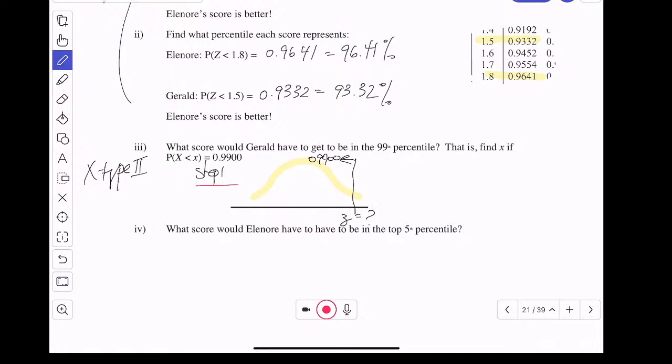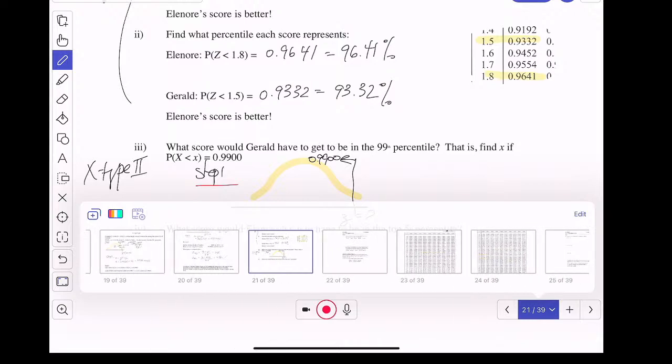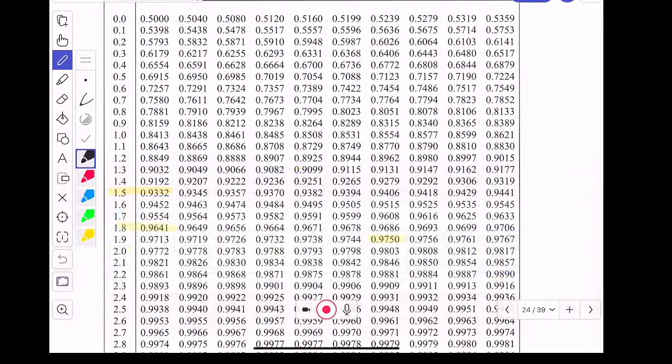So I go back to the chart. Got to clean it up a little bit again. And looking for 0.9900, remembering that we've done this many times.